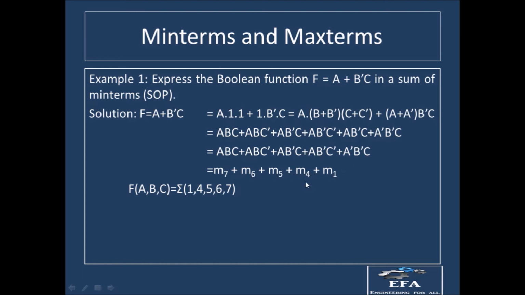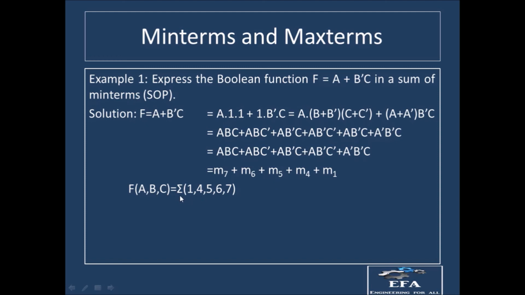So how can we write this expression in SOP? First of all, you need to say how many variables there are. We have 3 variables, a, b and c. So f is a function of a, b and c, and this can be written as f(a, b, c) = the summation sign. This summation sign indicates that this expression is a SOP type of expression.